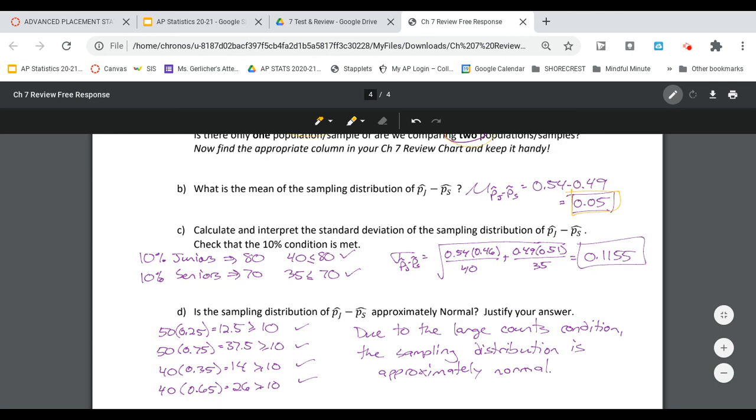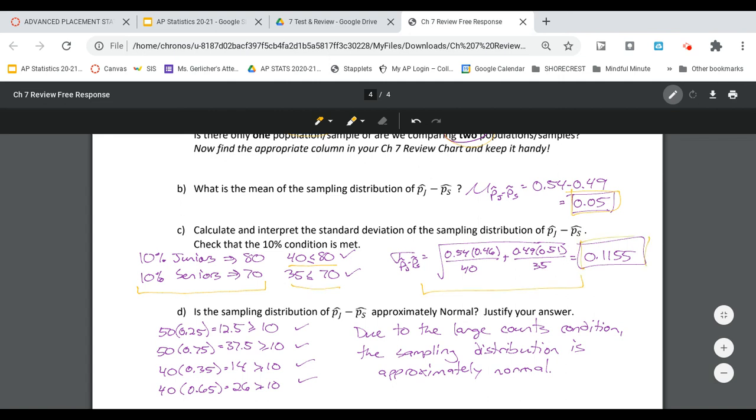We actually know the sample size and the population size here, so we can officially follow our 10% rule. So 10% of the juniors is 80. 1/10 of 800 is 80. And 10% of the seniors is 70. And so if I check my sample size to my 10% of my population size, I'm good, which allows me to use my big ugly equation.